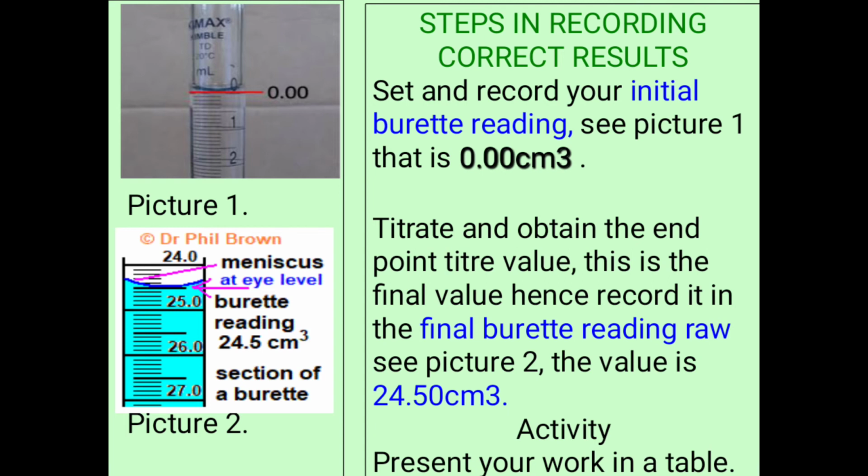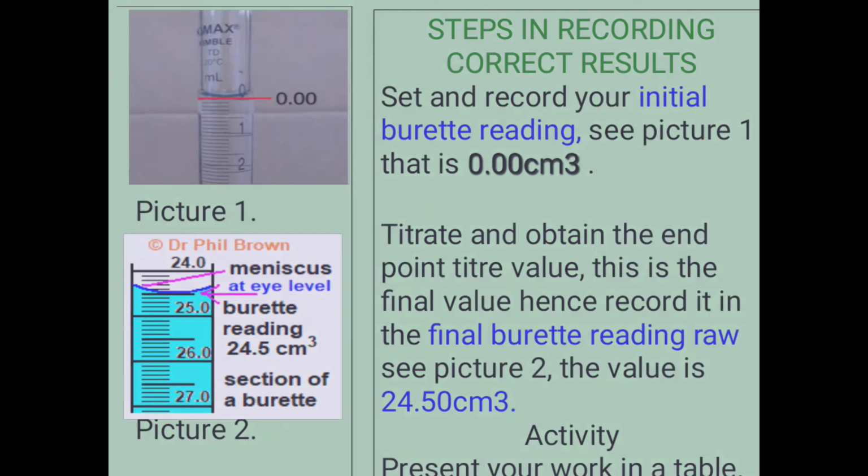The initial titer value can also be the final titer value of the previous experiment, which is 24.50. So that is going to work as our initial volume.